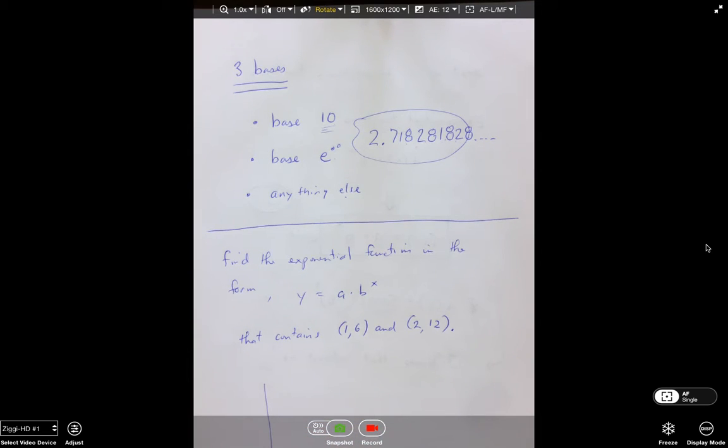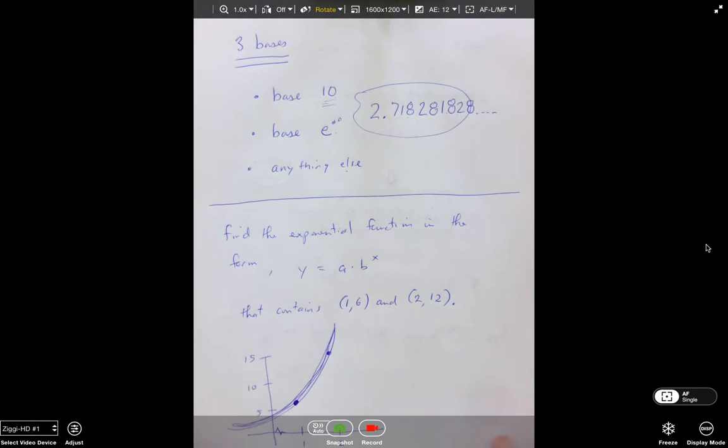If I go up to 5, 10, 15, and break up the axis here and go from 1 to 2, we see one point at (1, 6) and another point at (2, 12). What we're looking for is the exponential function that goes through those 2 points.